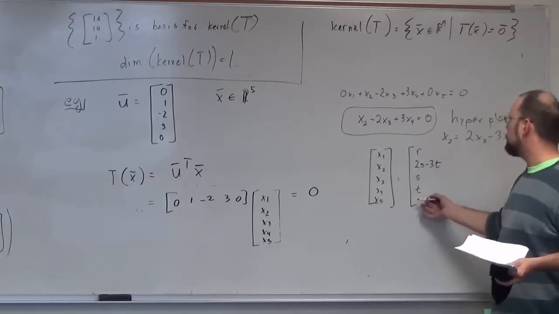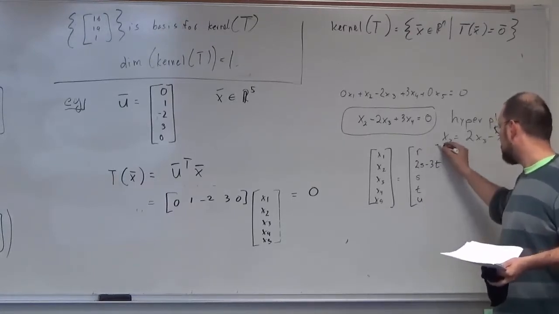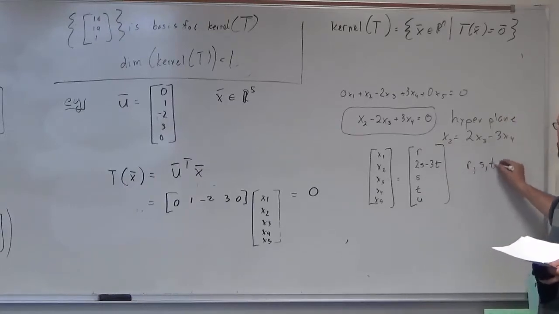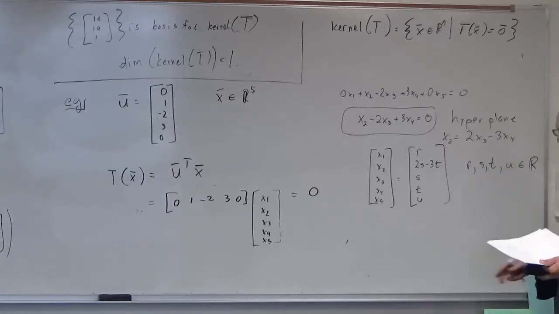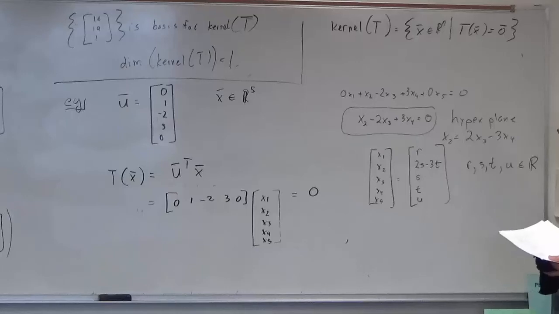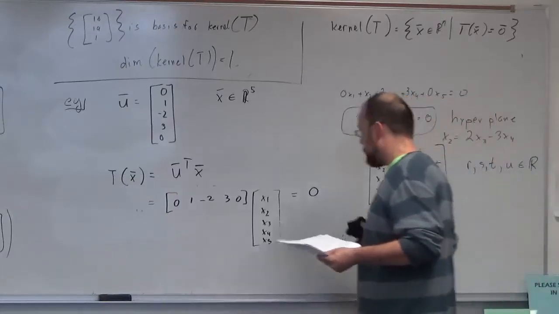And then we have x5, which could be anything, so r, s, t, and then let's call it u. Let x5 be u. So r, s, t, and u are any real numbers. Okay. So the set of vectors of this structure is the kernel of our transformation. And what's the dimension?